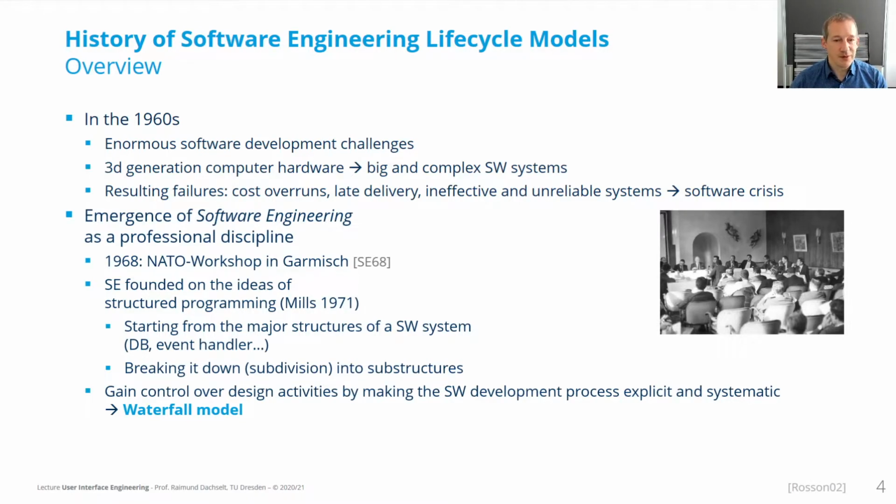So the term software engineering at the beginning was rather meant to be provocative, to be honest, because is it really about engineering? And the idea was to apply more structured and systematic ways to the development of such notoriously big and complex software systems, to be able to tame them, basically, to be able to develop them in an appropriate way. This was a very important thing.